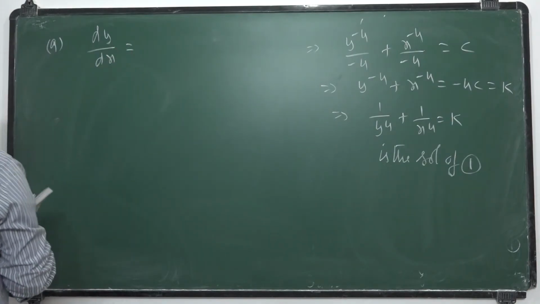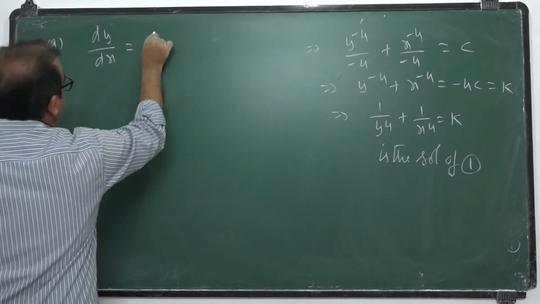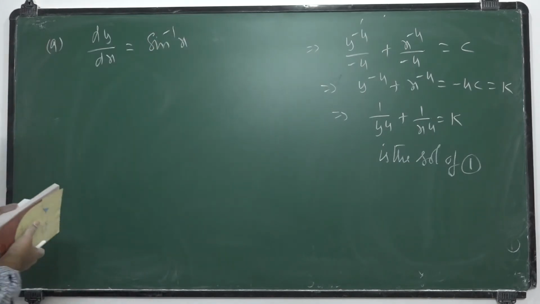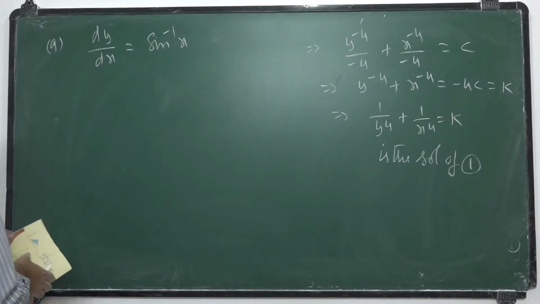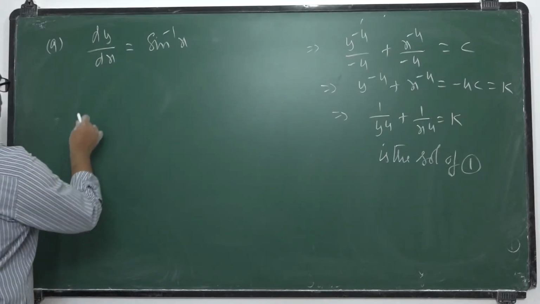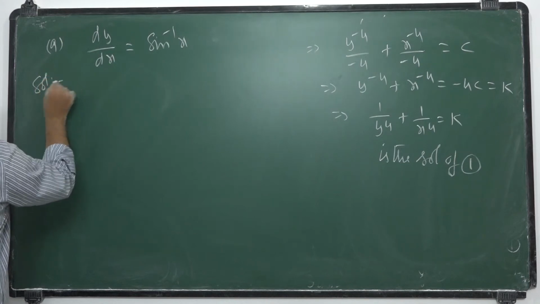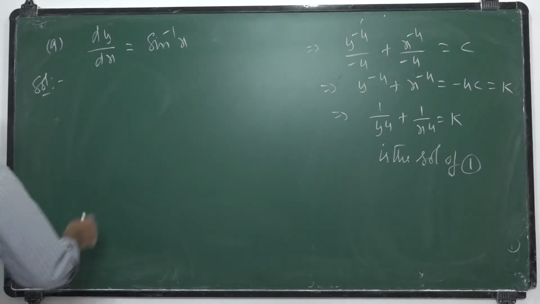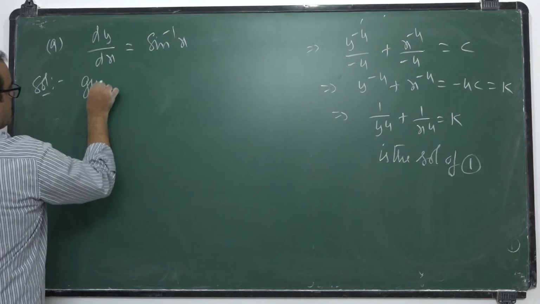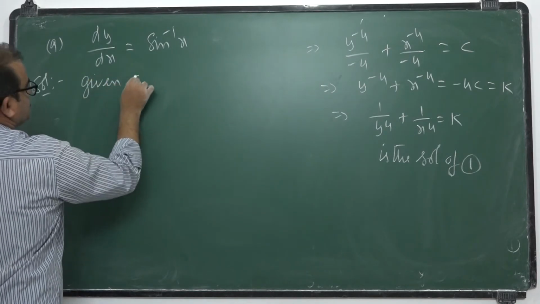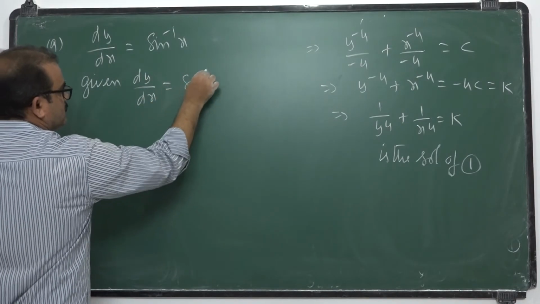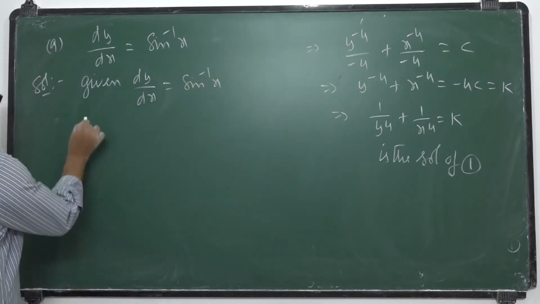dy by dx is equal to sin inverse x. Given equation is dy by dx is equal to sin inverse x.